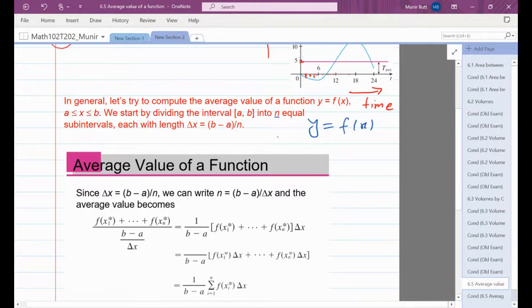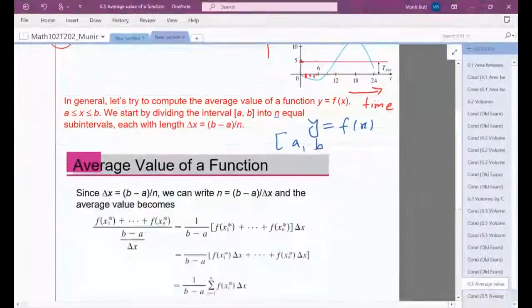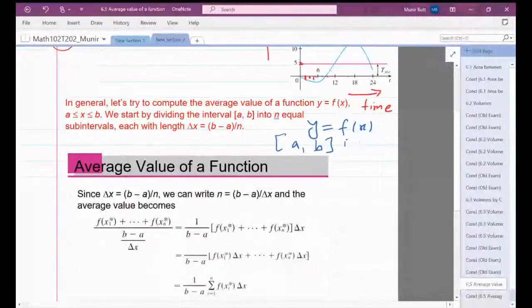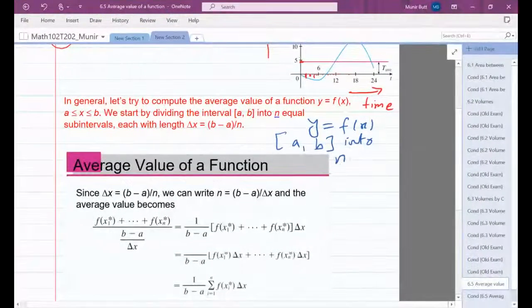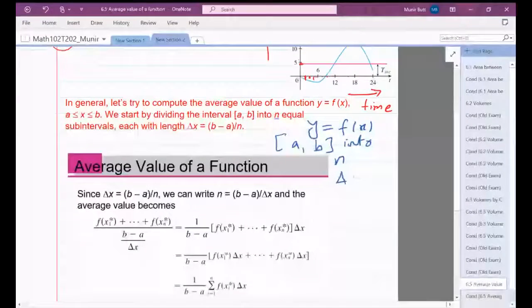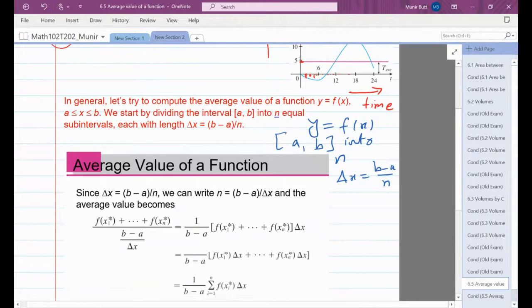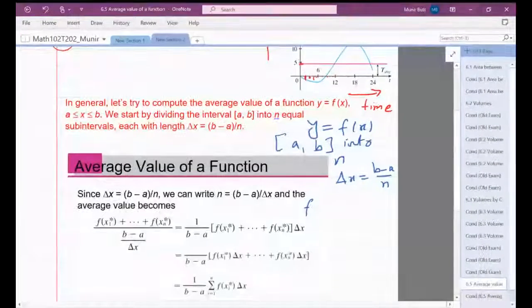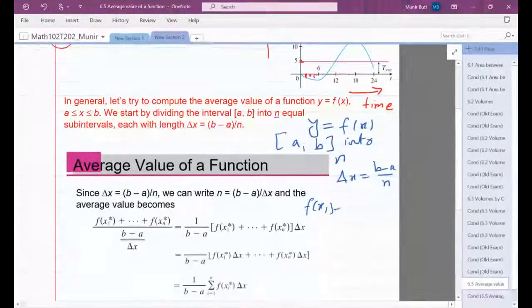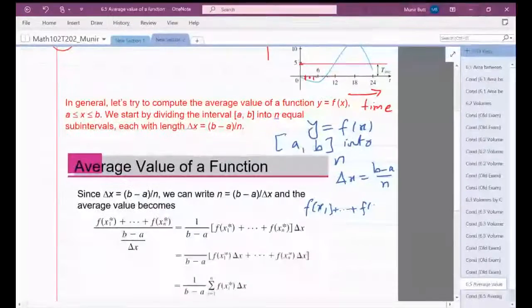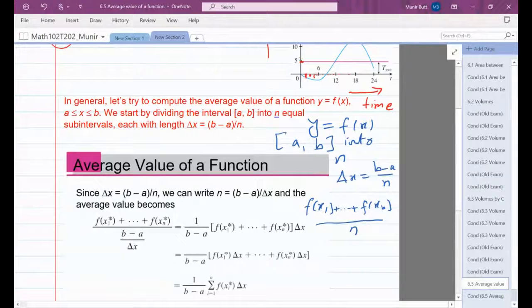You divide the interval on which the function is defined into n subintervals, each of width delta x equal to b minus a over n. Since you are interested in finding the average value of the function, you add the function values, f of x1 plus up to f of xn, divided by n. This is the average value.